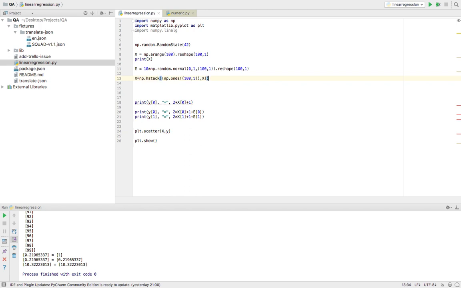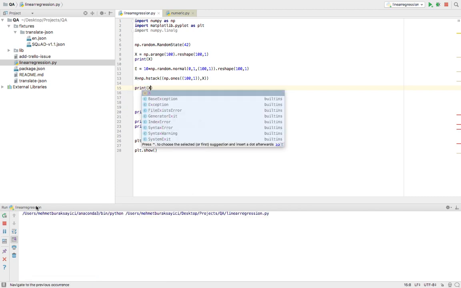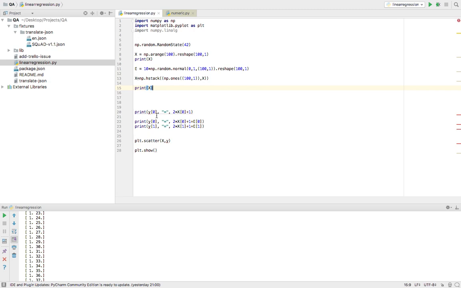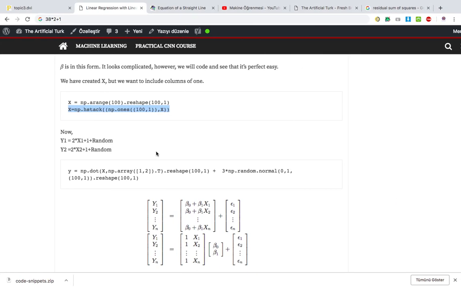Let's say, stack the ones to the left side of our X. When we print it, we will observe that the ones are included in the left side of our data set, and so we need to get y's from here.